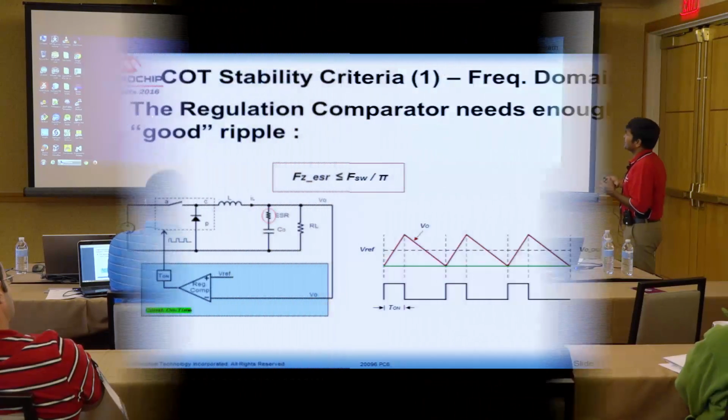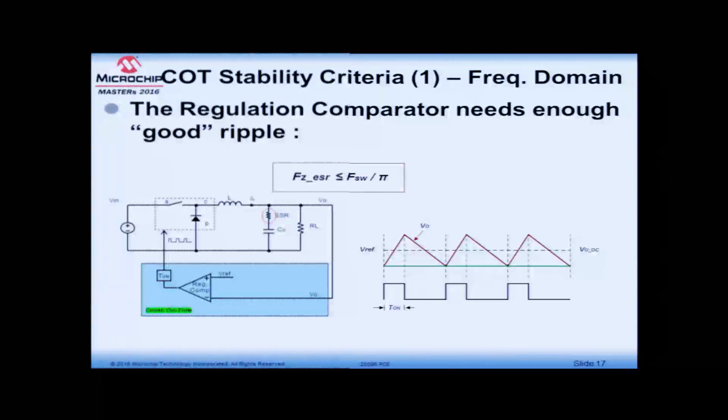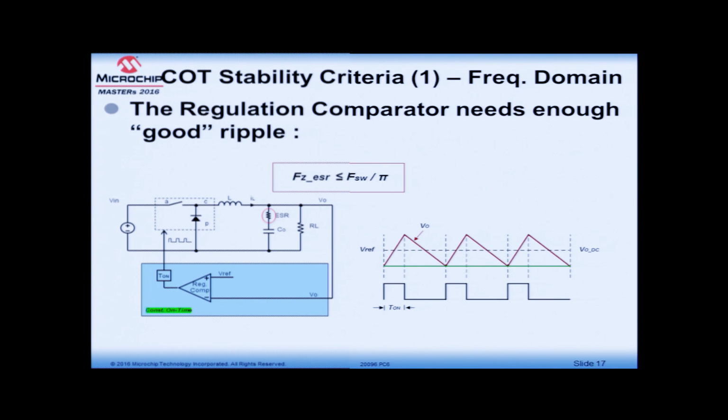First we will concentrate on the control mode, not the power stage. The power stage design, I think you might already have gone through in different classes, how to select the inductor. I have given the equation there. Basically it depends on the input and output, and also how much ripple current we can accept.